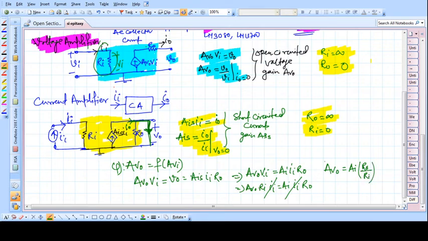So this one is the basic relationship between the voltage gain and current gain. Okay, so this one is clear. This is the question and the corresponding answer: Av naught equals Ai R naught by Ri.